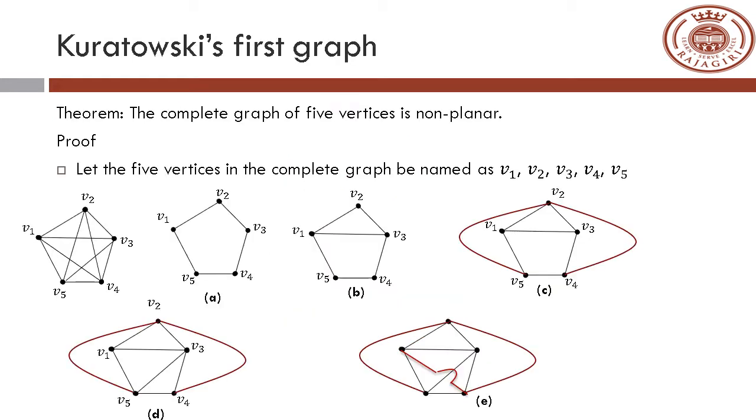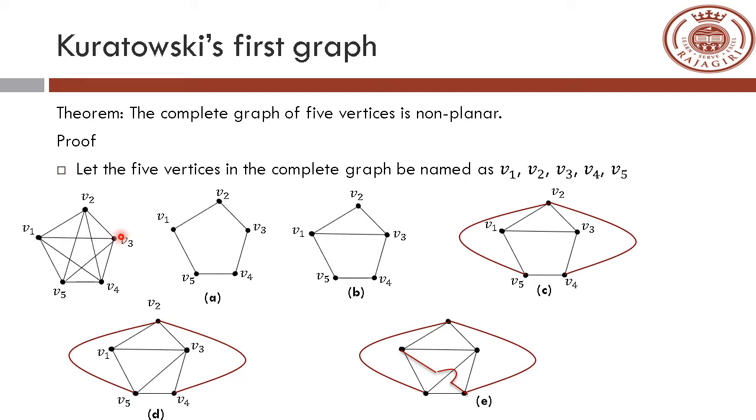Now we can define Kuratowski's two types of graph, in which the first graph is the complete graph of 5 vertices. We can prove that K5 is non-planar. Let the 5 vertices of the complete graph be named V1, V2, V3, V4 and V5, as represented in this figure.